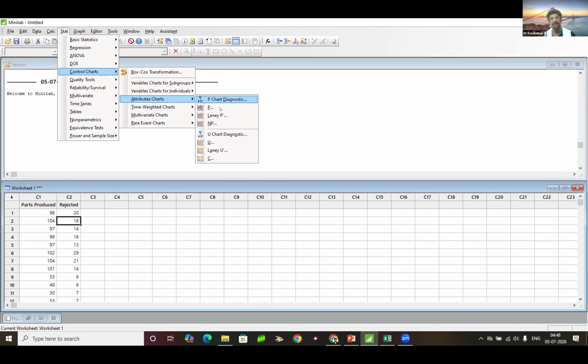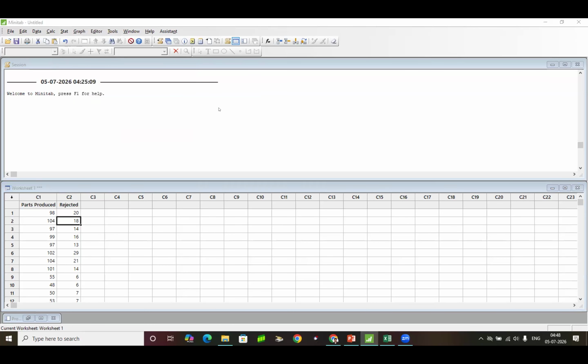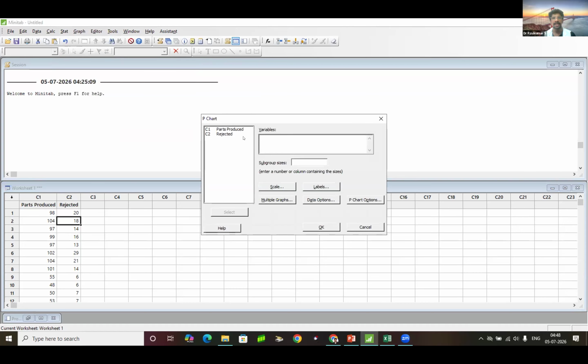In Attribute Charts, you have P Chart, not P Chart Diagnostic. Just click on P Chart. It's P Chart. Click on that. You should get a dialog box like this. Got it? Yes, sir.